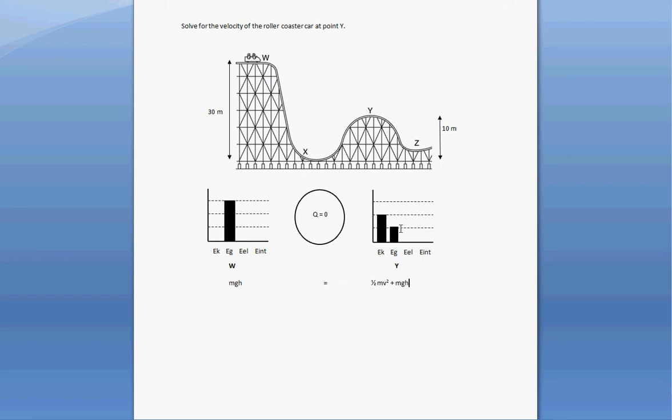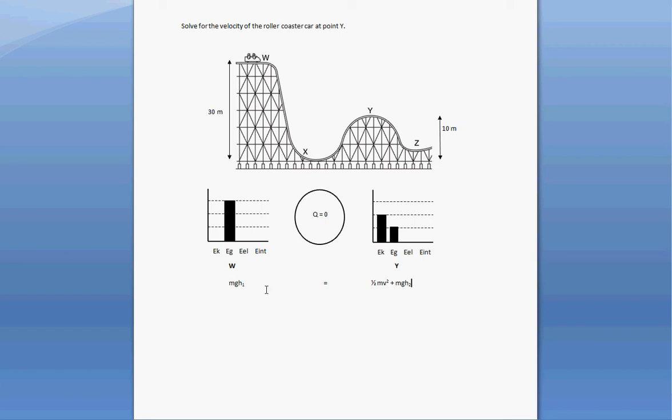We need to denote that these 2 h's are not the same. The height here is 30 and the height here is 10, so we're going to call this h1 and lowercase m for mass, and we're going to call this h2 to represent that these heights are not equal to each other.